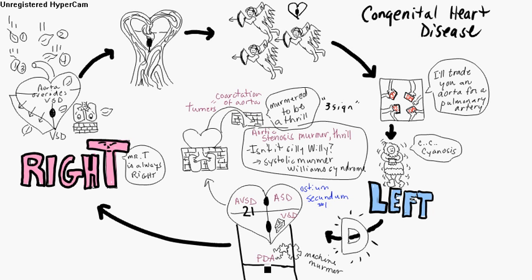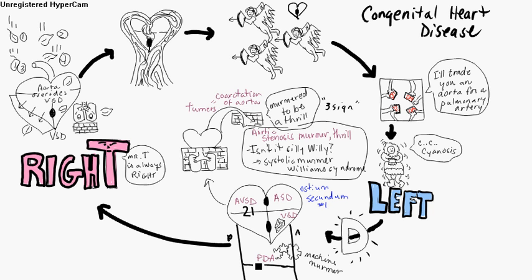Patent ductus arteriosus is where the aorta and the pulmonary artery have a duct that goes through it. It's got a continuous machinery-like murmur, both diastolic and systolic. It's best heard to the left of the pulmonic area.